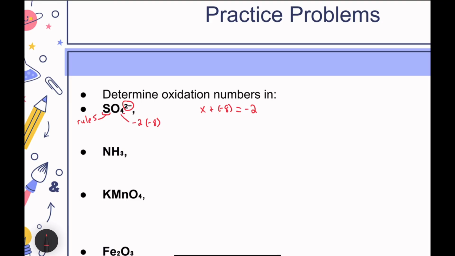If I isolate for X by adding 8 on both sides, X is +6. So if sulfur is +6, and we go +6 plus -8, each oxygen is -2, but the total makes it -8, that allows us to have a charge of 2 negative. By virtue of Rule 5, sulfur has a charge of +6.